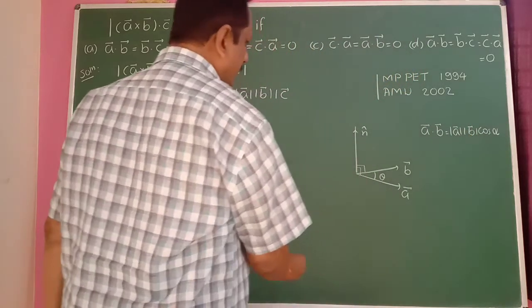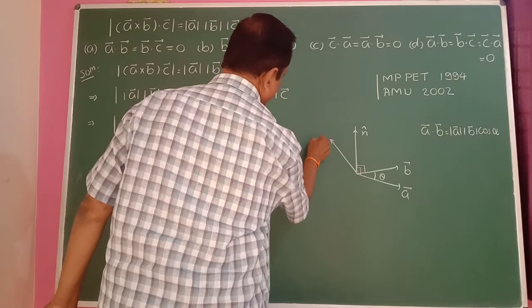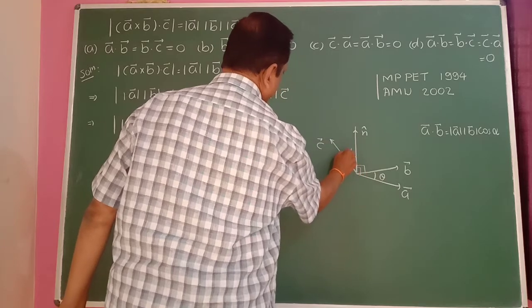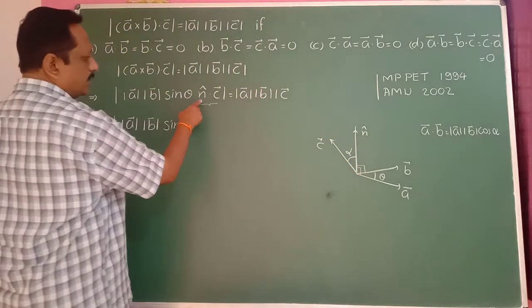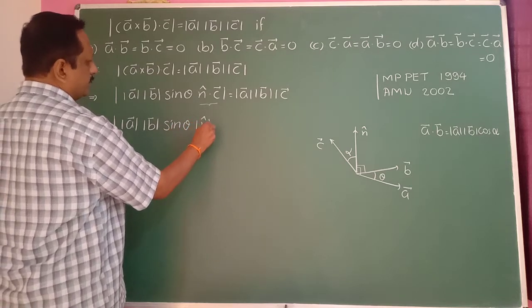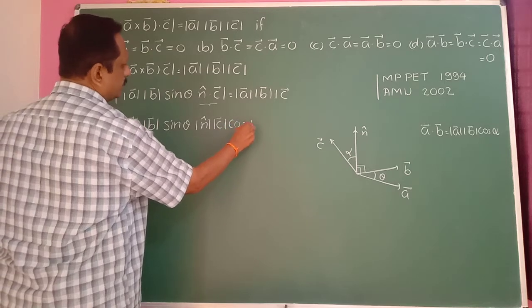Okay, so C bar is one more vector here. Consider this one more vector C bar. So the angle between n cap and C bar is α here. Therefore, n cap dot C bar is modulus of n cap, modulus of C bar into cos α.